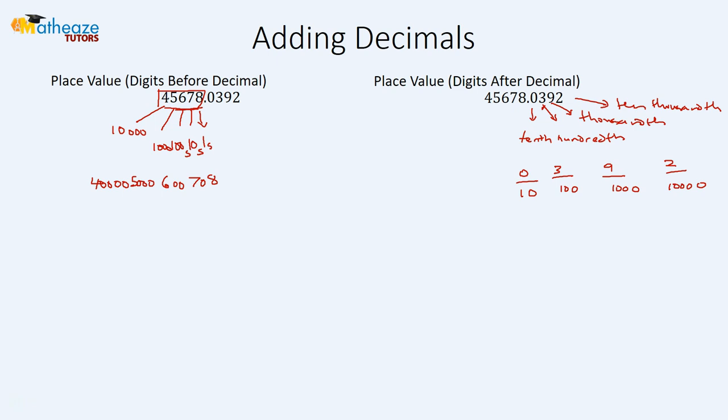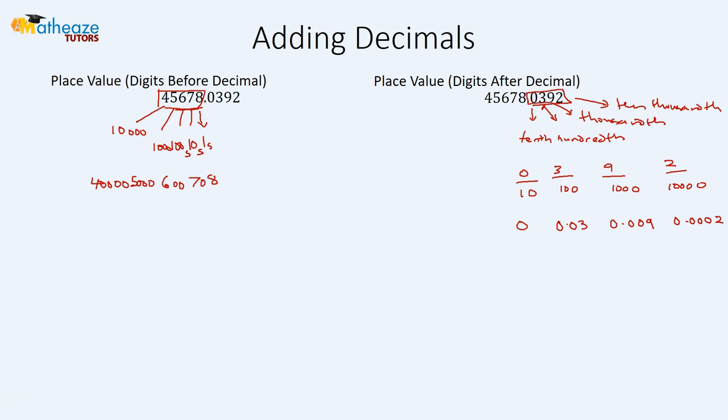Now this is how we represent it. This is 0, this is 0.03, this is 0.009, and this is 0.0002. If you add all this together, you will get exactly this part of the number.